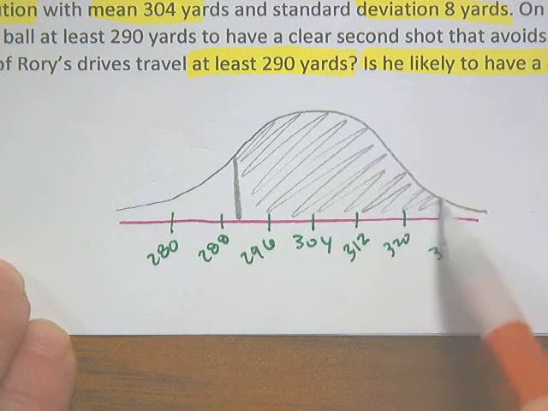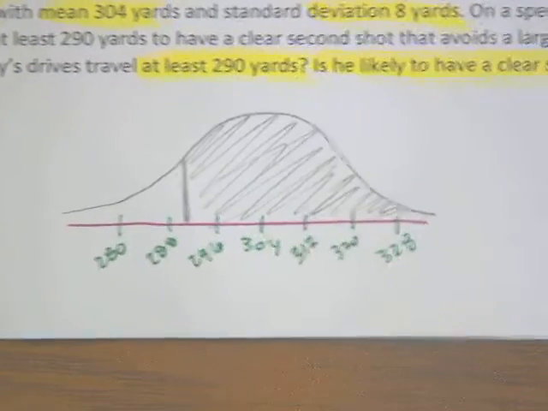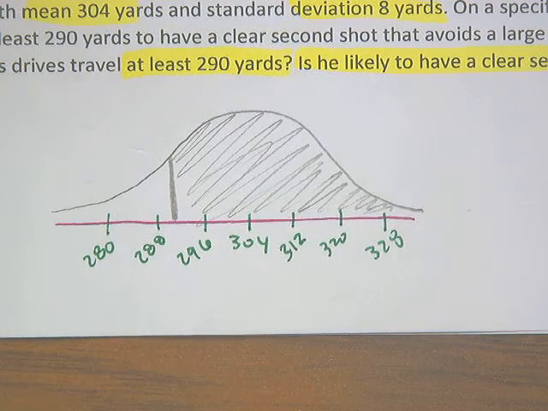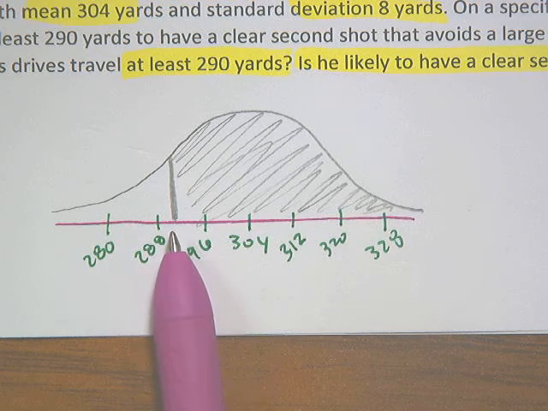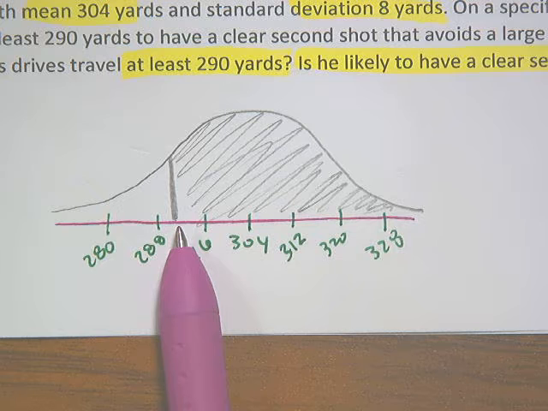Now, how does that change what you're going to type into the calculator this time? What's your lower boundary going to be? It's not negative 1,000 on this one. Where do we draw the vertical line? What's the lower end of our shaded region? That's the 290, yes.